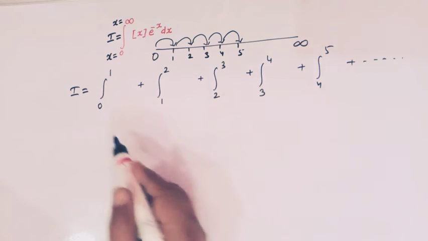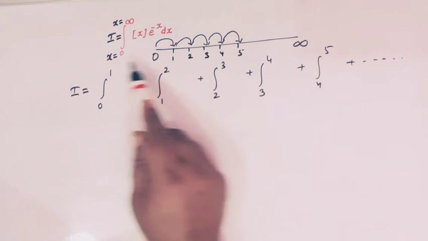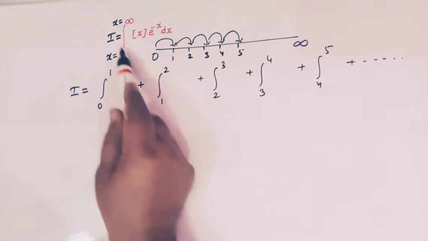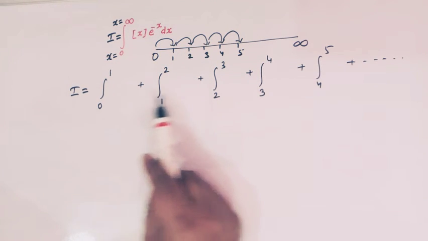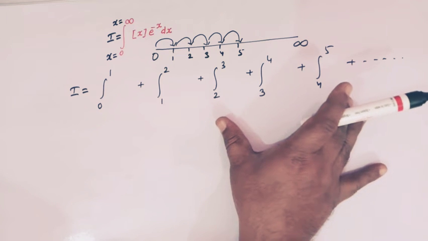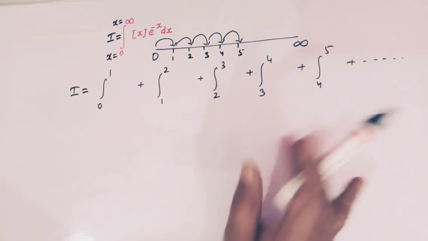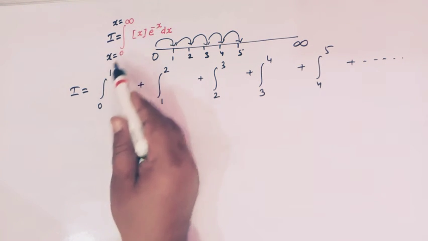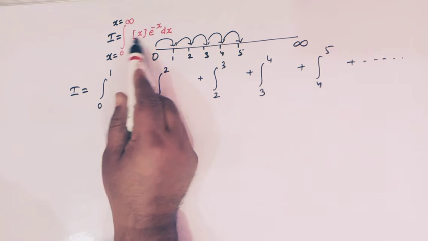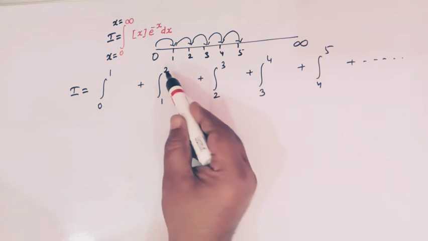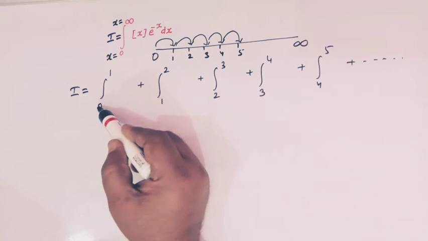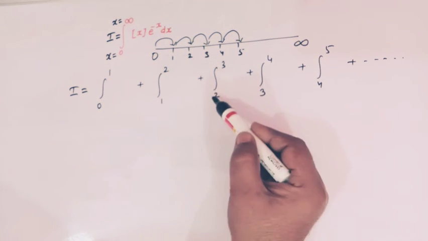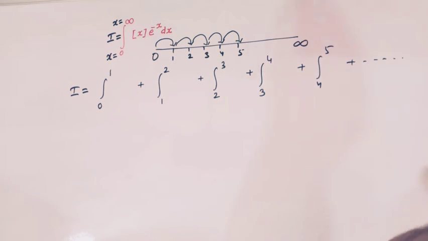So here we have written this integral as a sum of these infinite number of integrals. That is, we will evaluate this function at the integral points, from 0 to 1, 1 to 2, 2 to 3, 3 to 4 and so on.